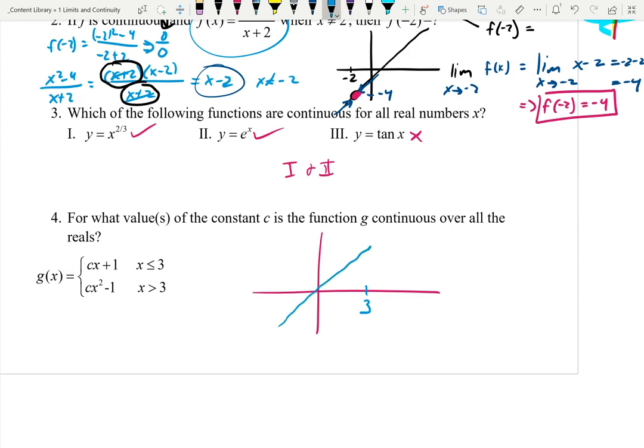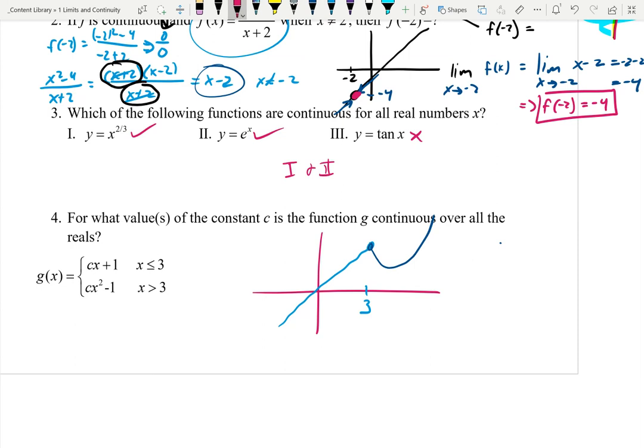Then at 3, we change over and we are equal to some parabola. Once again, I don't know what that parabola looks like because I don't know what the value of c is. But that parabola could go like this, in which case I would not have a continuous function. However, if we choose c just right, that parabola will line up just like this, and now I will have a continuous function.